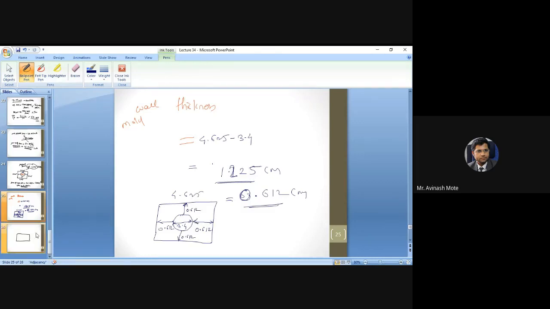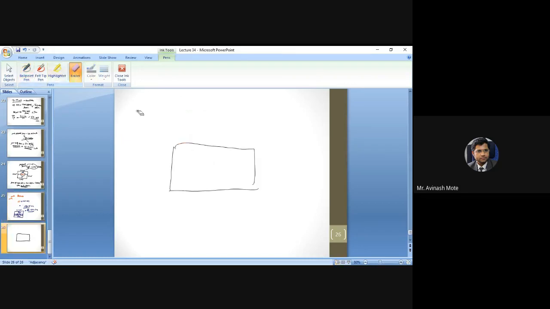How will the placement be? It will be kept equally. I will show how to keep the two cavities. Now we have all the dimensions.